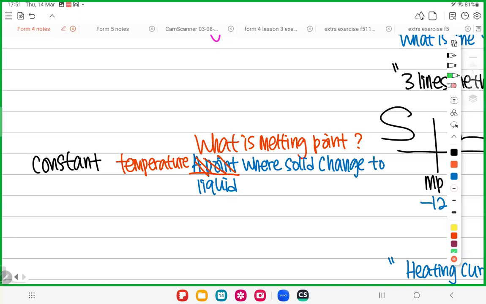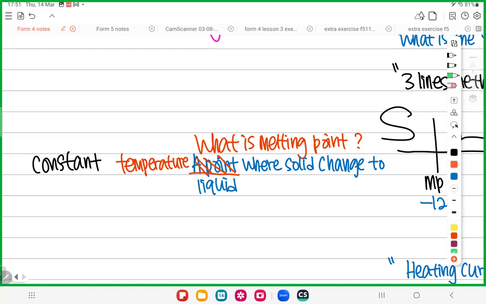You still cannot get the full mark yet, okay? Because melting point is not only affected by temperature, melting point is also affected by pressure. What do I mean? Example, today if I say the melting point is 70 degrees Celsius, and I bring the substance to the moon, for example, and I try to melt the substance, the melting point is not 70 anymore.